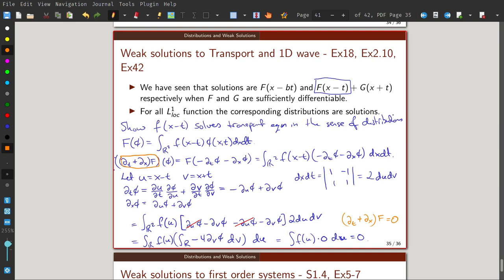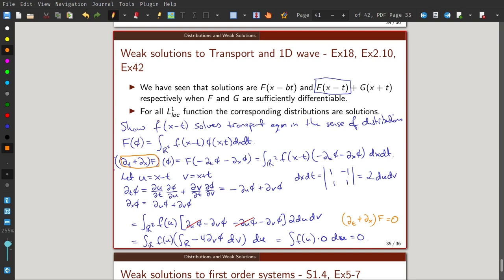And we did some exercises. There's an exercise in the script, 2.10. The solution to this is in the exercises from last year, if you want to go look them up. We also did our own exercise 18, which is very similar and also related to distributions and the transport equation.